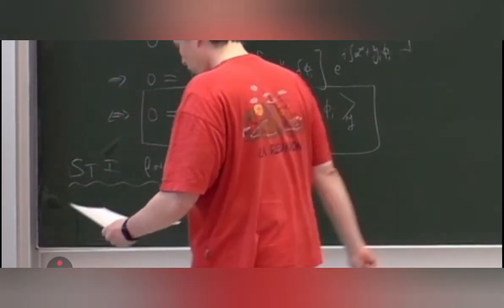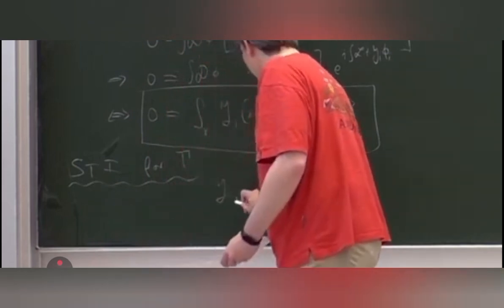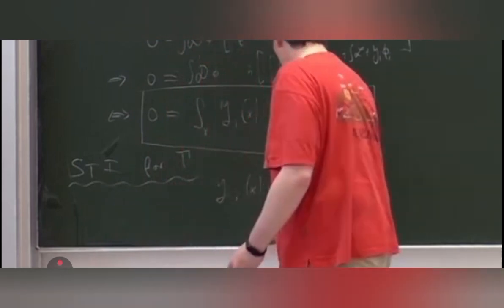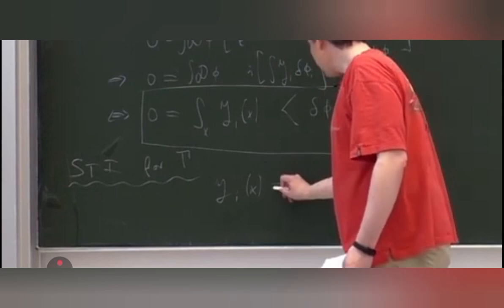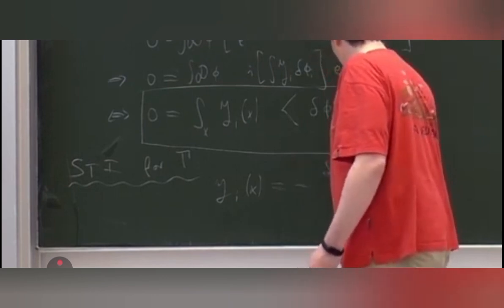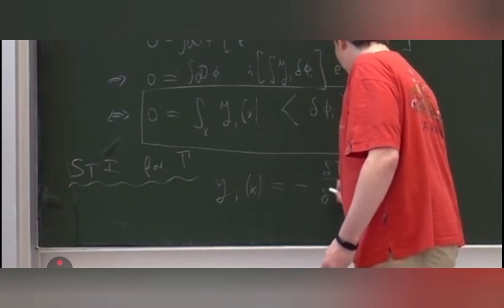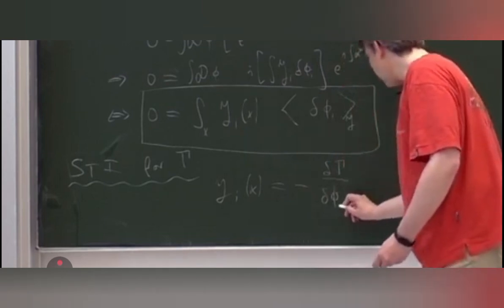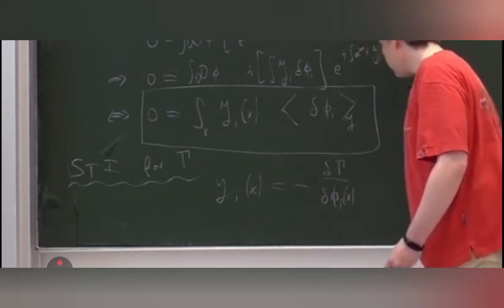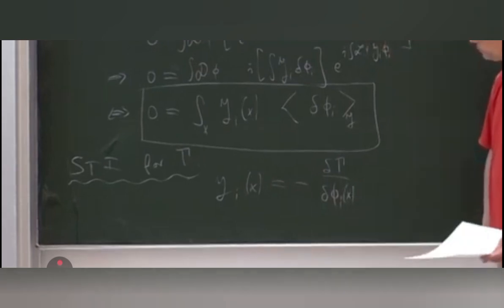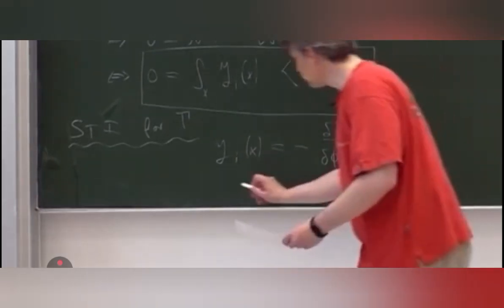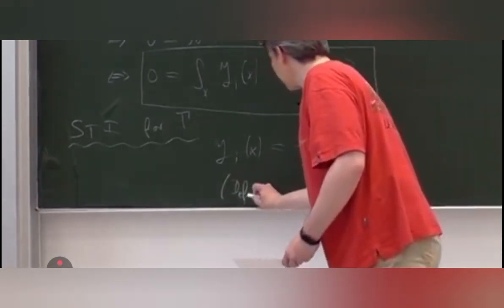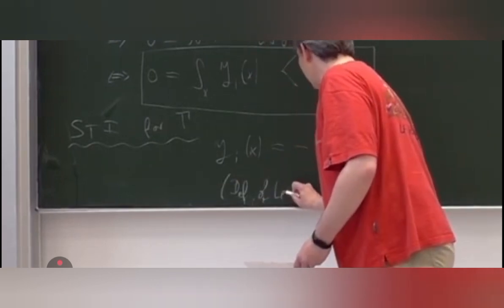So, by the construction of the Legendre transformation, the source j_i of x was given by minus the derivative of gamma with respect to the classical field argument phi_i at x of gamma. So that was the definition of the Legendre transformation.